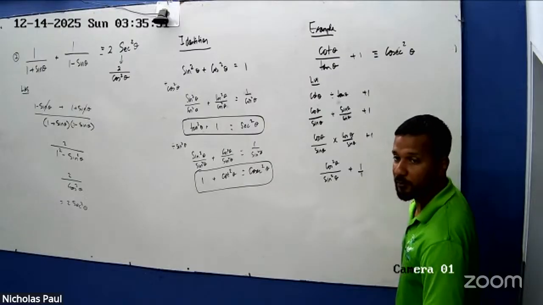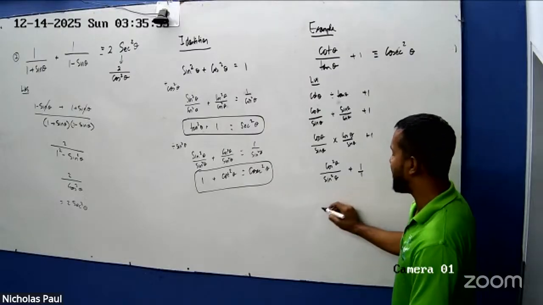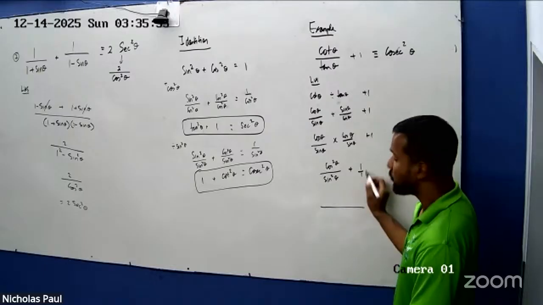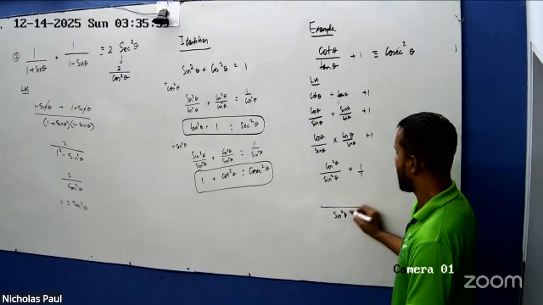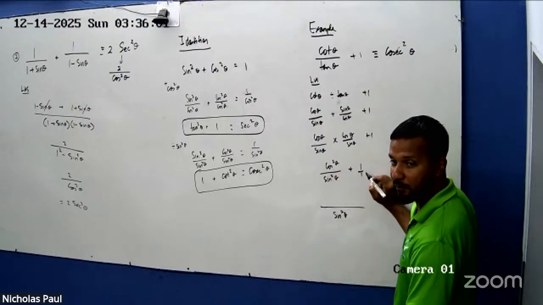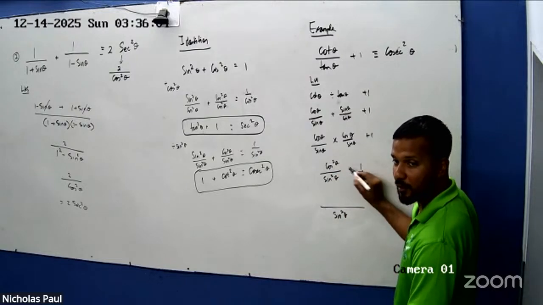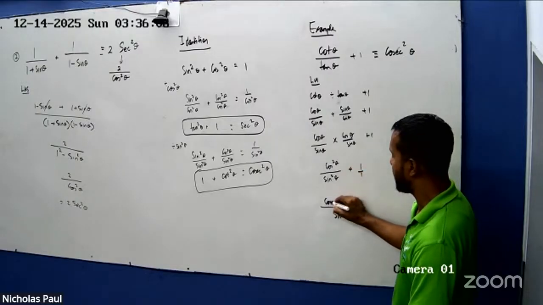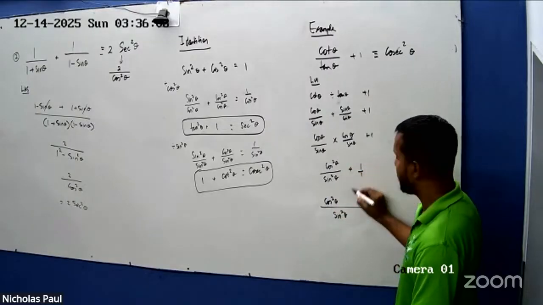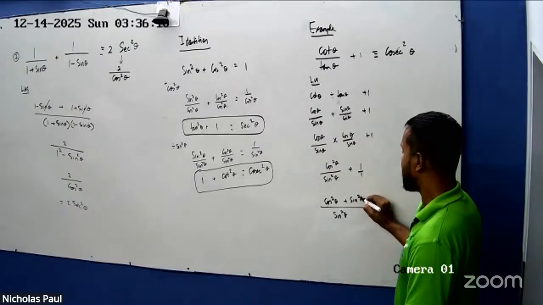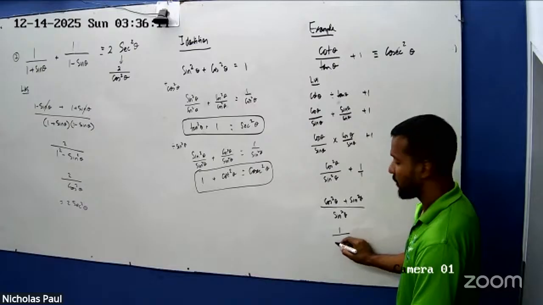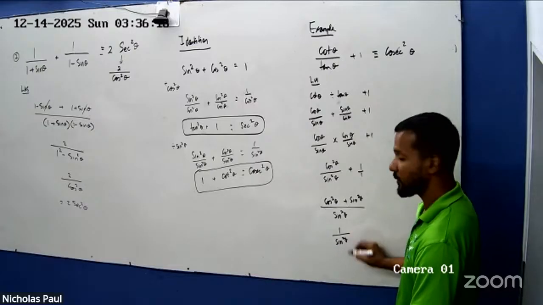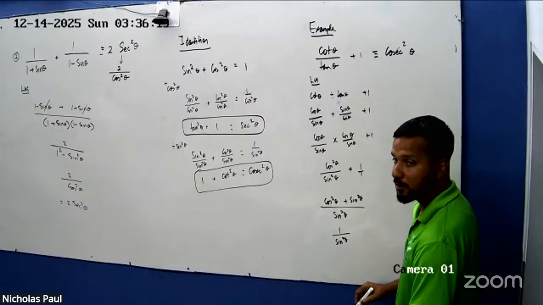What would the LCM here be? And what would the new numerator be? What is cos squared plus sine squared? 1 on sine squared.